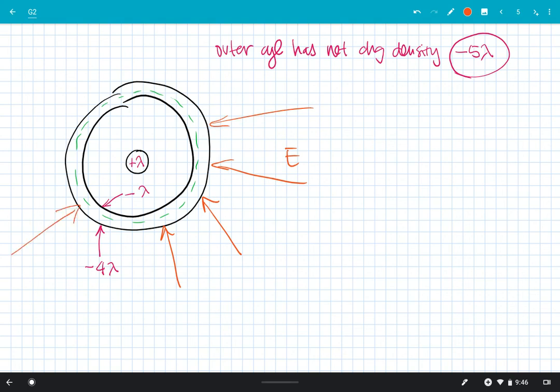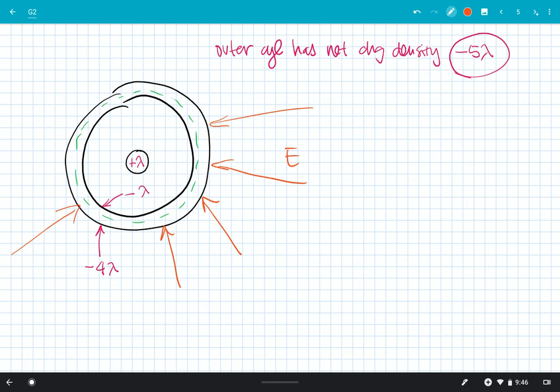Even though the inner rod is still positive, when you look at this whole enchilada, the inner rod and the outer cylinder, the net charge of the whole thing would be negative, right? And you would see that when you analyze the region outside the cylinder, because you would enclose a negative net charge. So you would see that your flux would have to be inward.